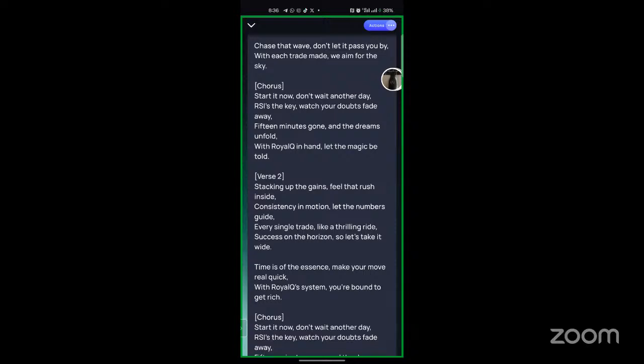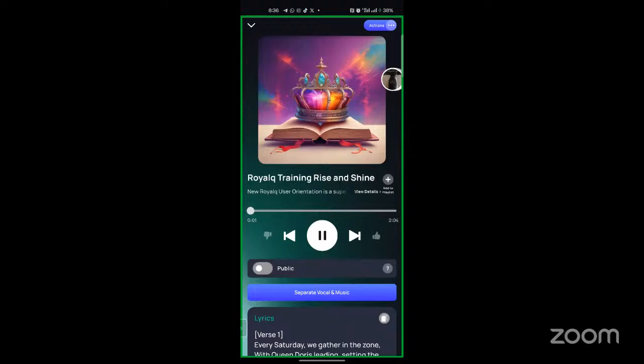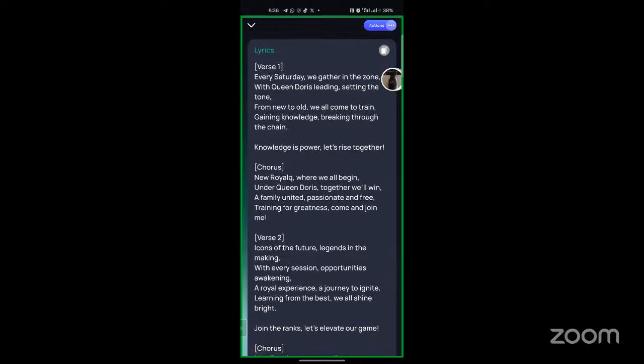Stacking up the gains, feel that rush inside. Consistency in motion, let the numbers guide. Every Saturday we gather in the zone, with Queen Doris leading, setting the tone. From new to old, we all come to train, gaining knowledge, breaking through the chain.